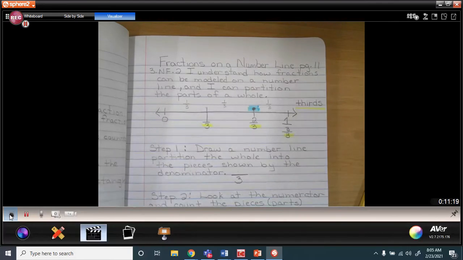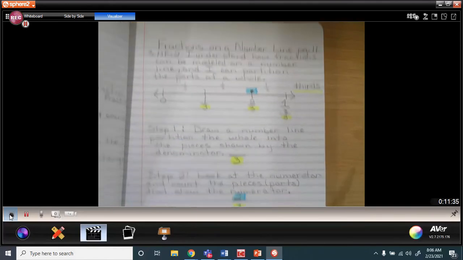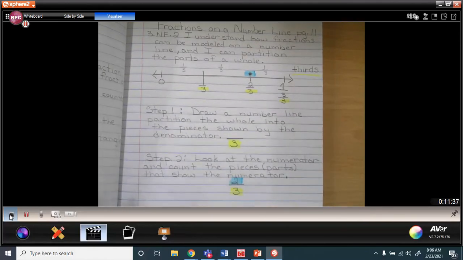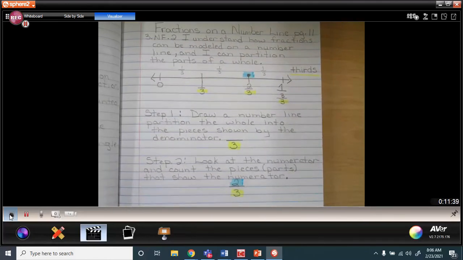Now, when you're partitioning, just as a reminder, when you're going to partition the whole into smaller pieces, let's say, for example, into 6 equal pieces, you don't want to just start drawing lines anywhere.